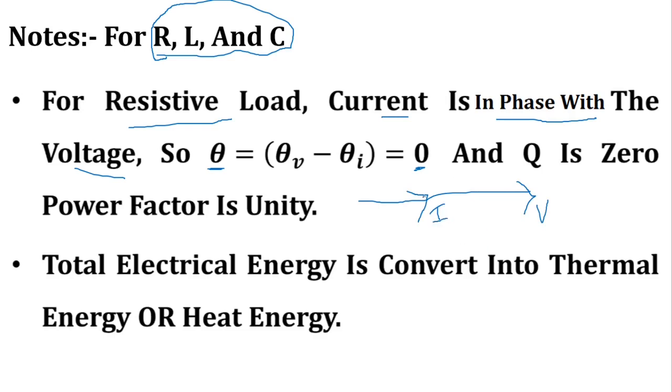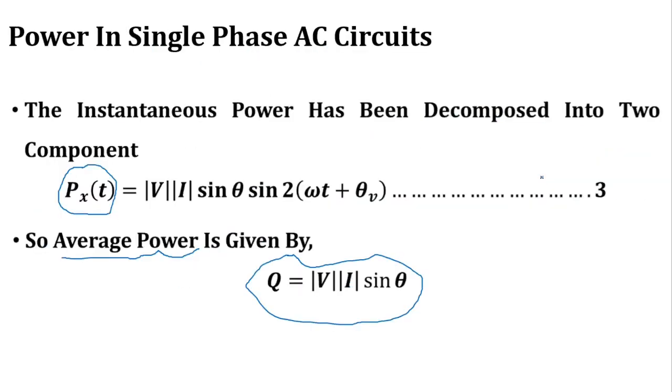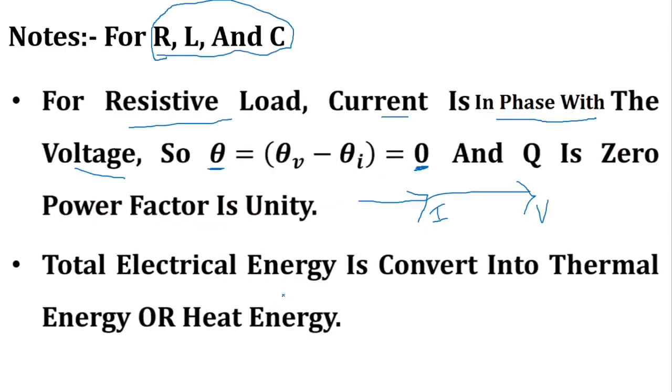The angle of voltage is 0, the angle of current is also 0. So the total angle is equal to 0 degree. In this case the reactive power Q becomes 0, because if you put 0 over here, then Vi sin 0 is equal to 0. So Q is equal to 0 and the power factor is unity.